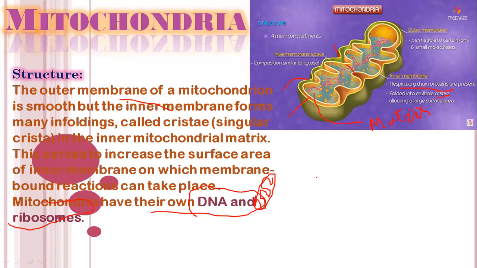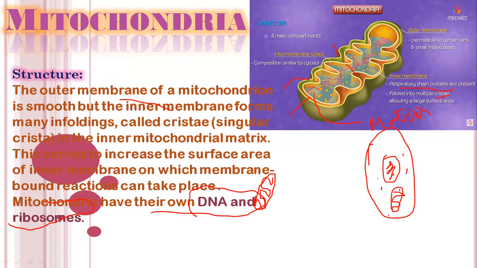If we talk about one cell, for example, this is an animal cell, it has a nucleus, it has chromosomes, meaning DNA, and it has ribosomes here. And mitochondria are present like this in the cell. So this cell has its DNA in the nucleus and its ribosomes.